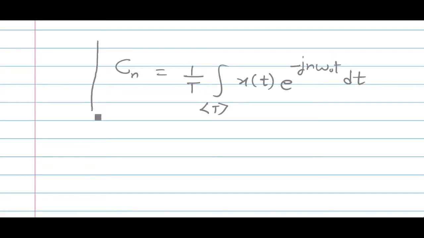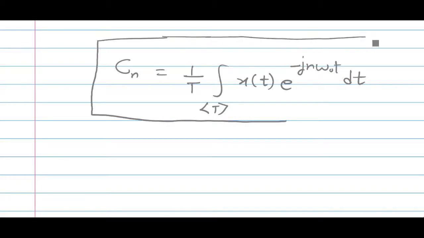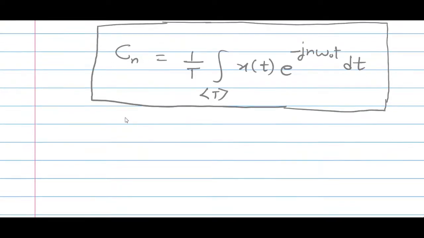If a very complex question is provided, or if the sketch of x of t is provided, you can use this relationship to get the expression for Cn.